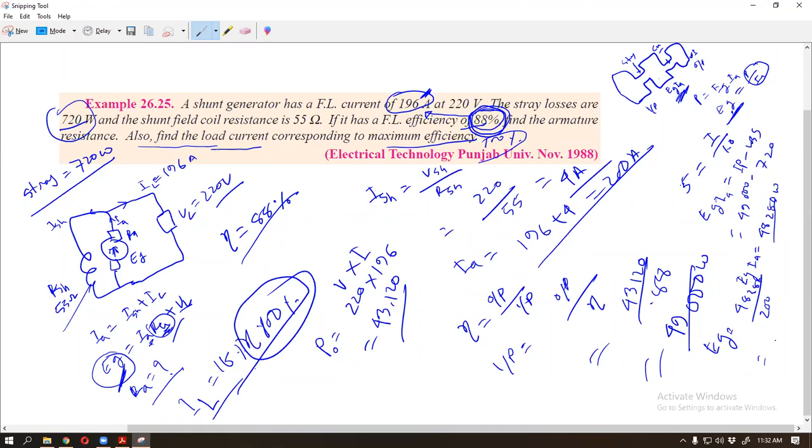How is the result? Ea is equal to 241.4. If Ea is equal to this, then Ra is equal to, what is this?